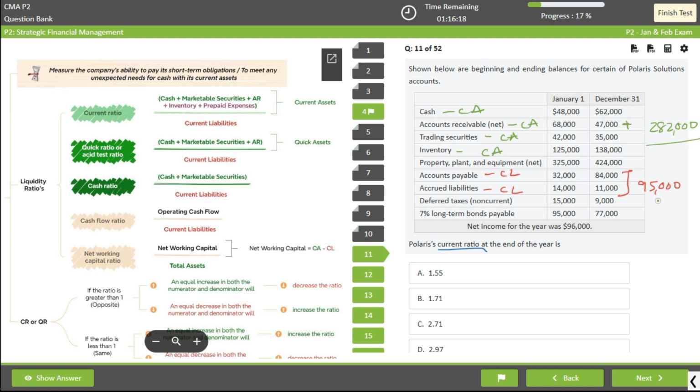It is 282,000 by 95,000, which is 2.968. When we round it off, we get 2.97, and which is option D.